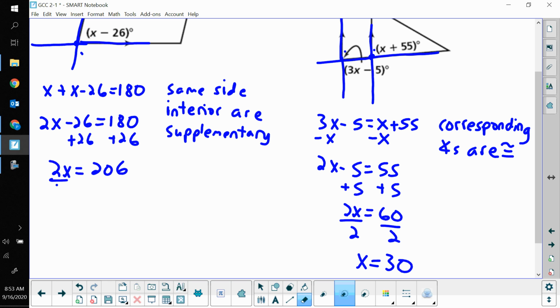We'll divide by 2. And we'll get x is equal to 103.